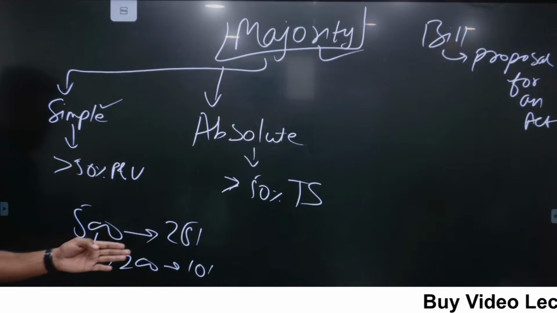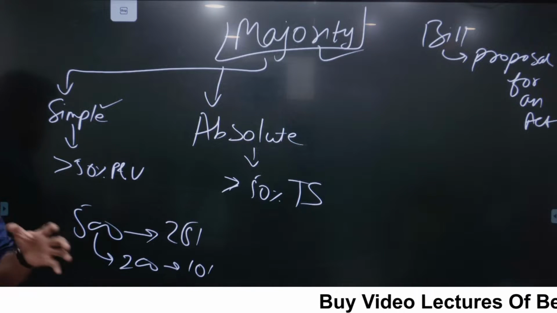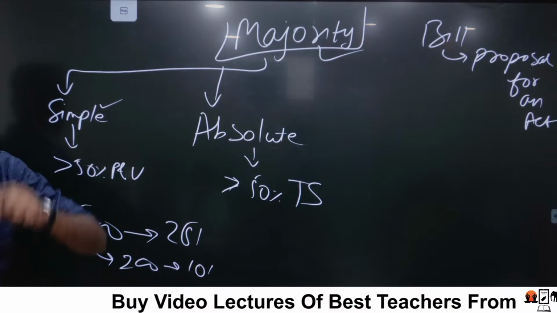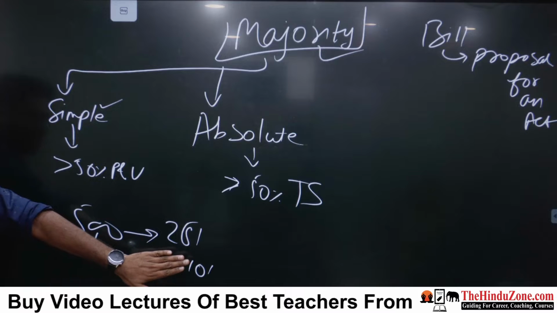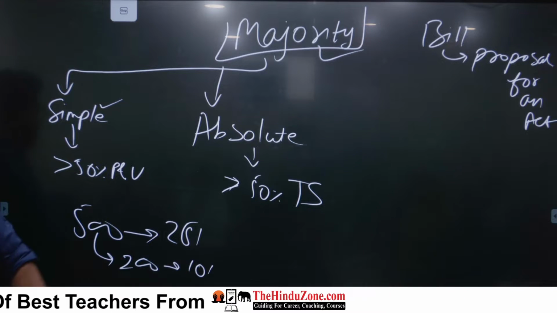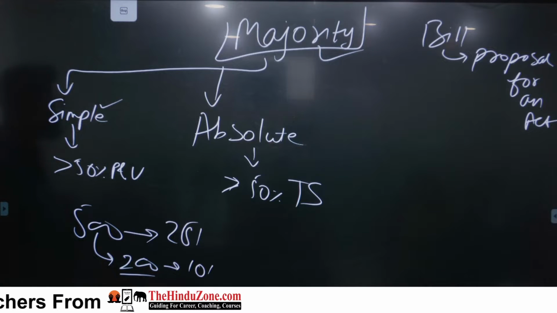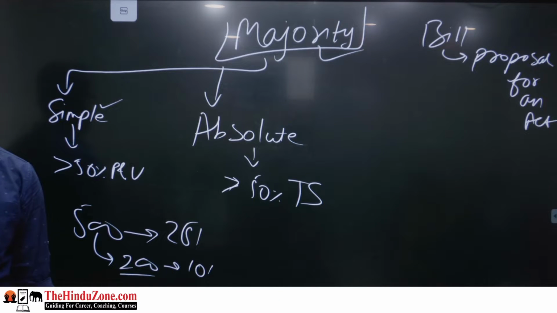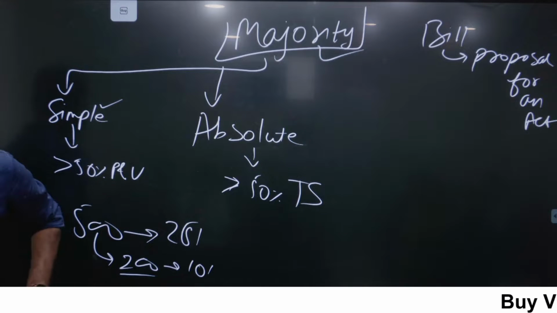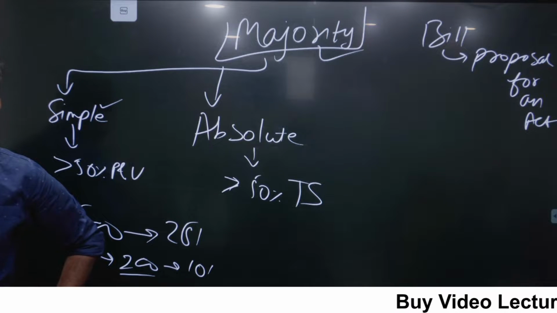So come back to the question. We have 500 people. The strength of the house is 500. The bill has to be passed by absolute majority. If I assume all people are present, then how many votes are required? 251. Imagine if 200 people are present in the house, then how many votes are required? 251.